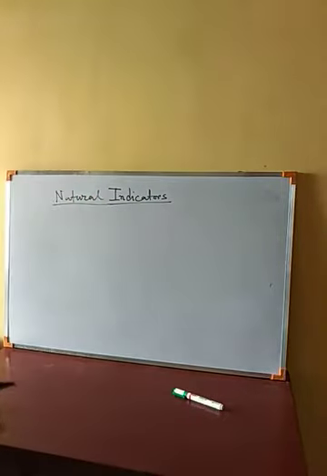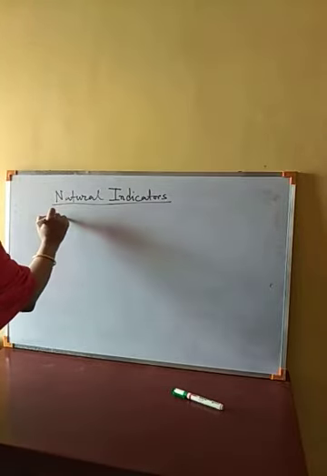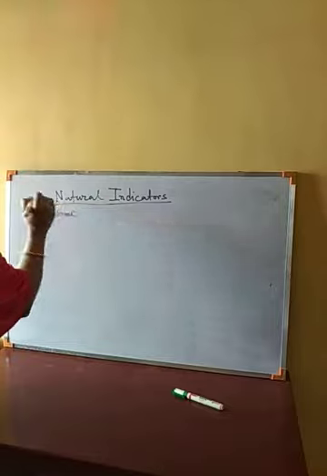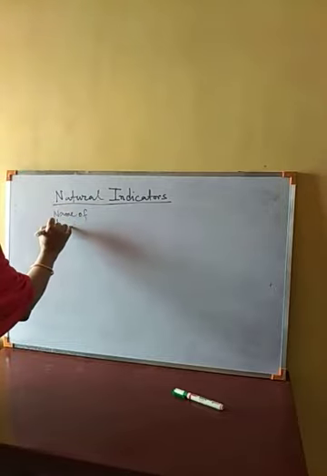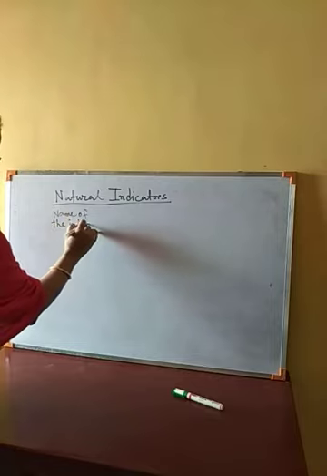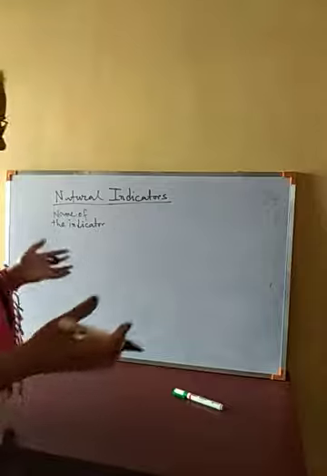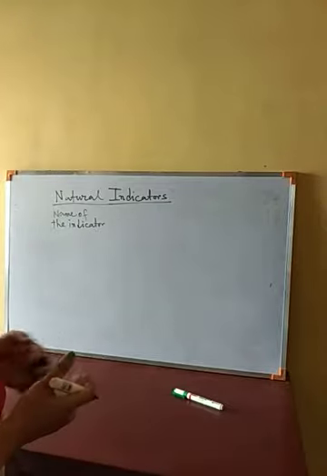And here, how you are going to write that: first, name of the indicator. You can do this in either a chart paper or a file. It will not take much space, only 5 as we are doing.